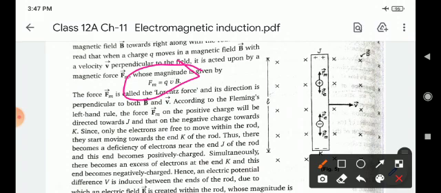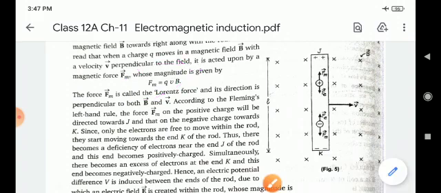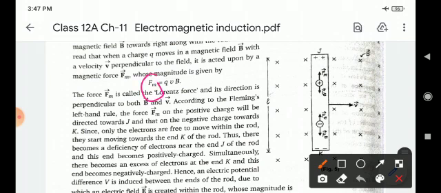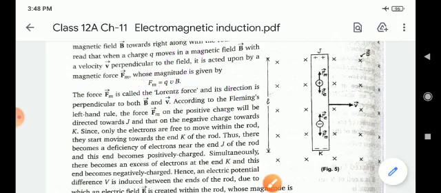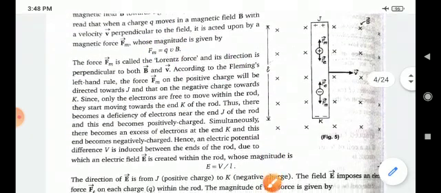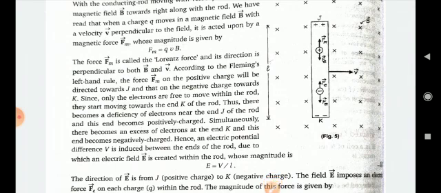Here Fm is the magnetic force or Lorentz force, where q is the charge, v is the velocity, and B is the magnetic field. The force Fm is called the Lorentz force and its direction is perpendicular to both B vector and v vector.